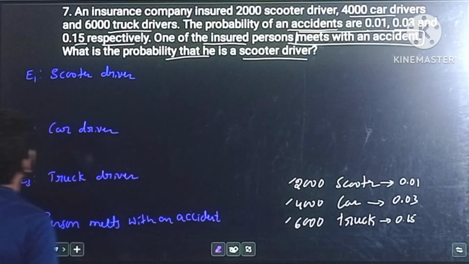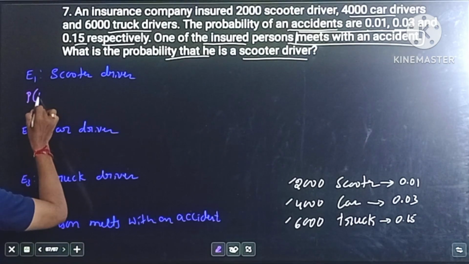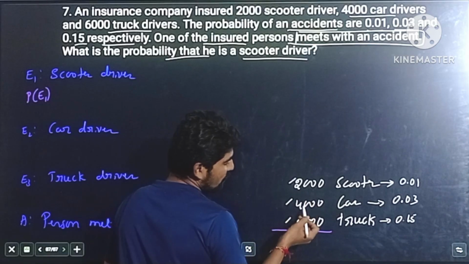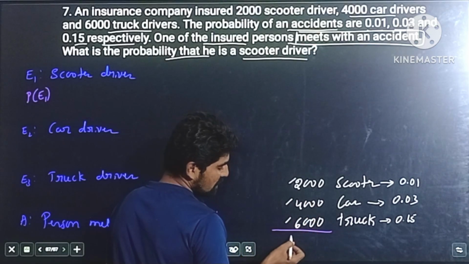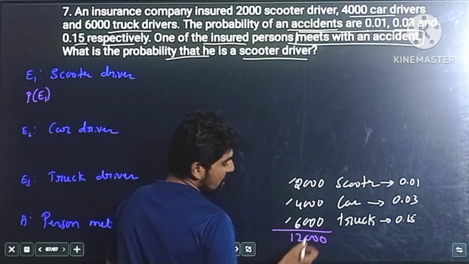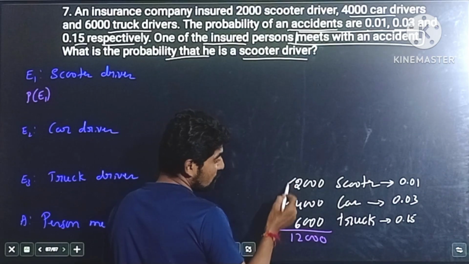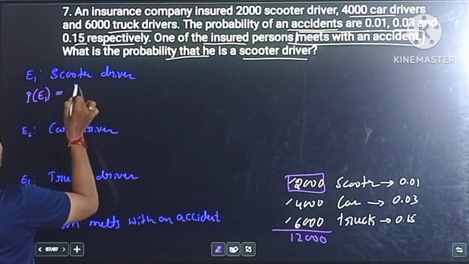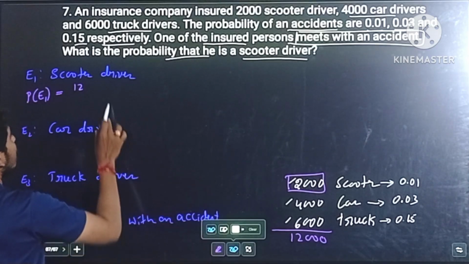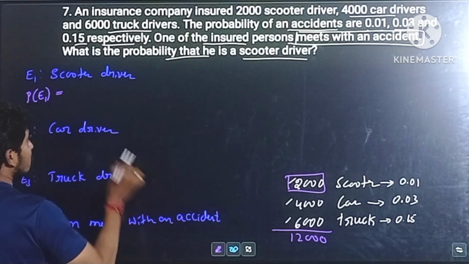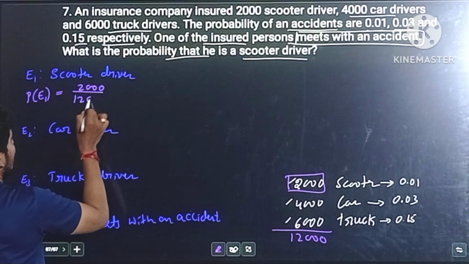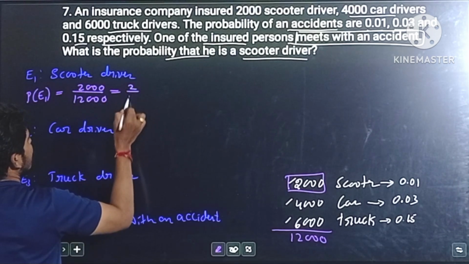Now see here, the total number of drivers is 2000 plus 4000 plus 6000, which is 12,000. Among these, the probability of a scooter driver, probability of E1, is 2000 divided by 12,000, which can be written as 2 by 12.